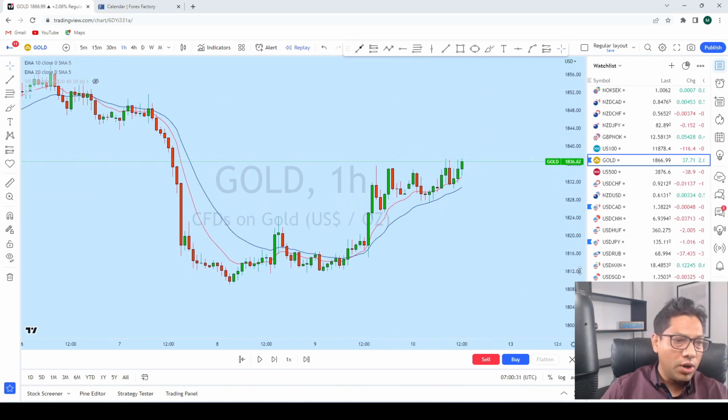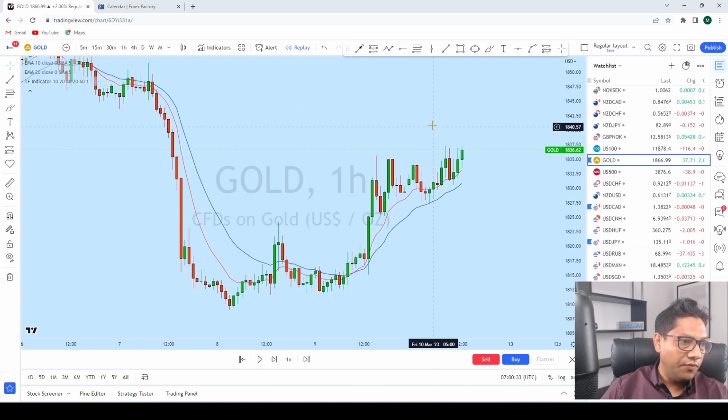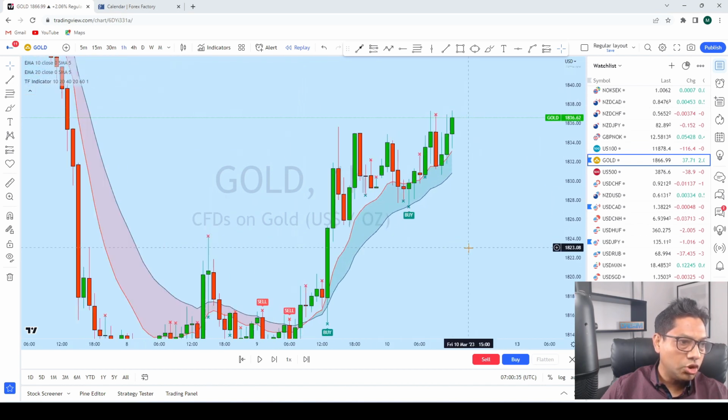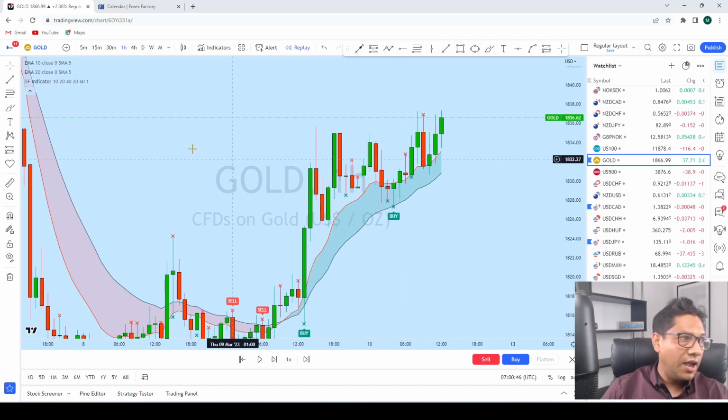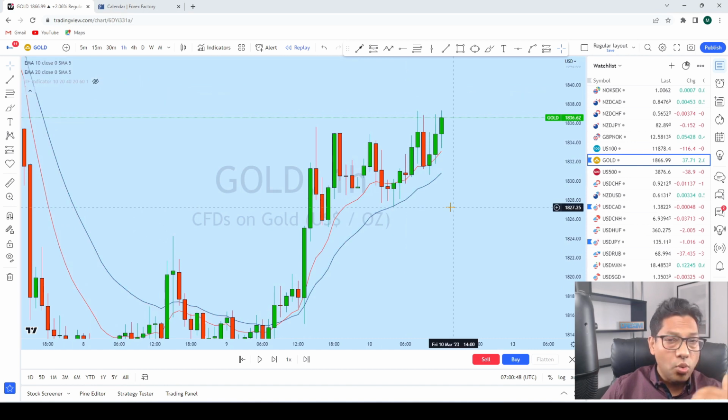How do you know? Look at this price action here. Now if I turn on our TF indicator, we saw that there was a buy alert according to that strategy, that we have specific candle where we see the buy alert happening in the market, and this is what we use to find out exact direction in the market.